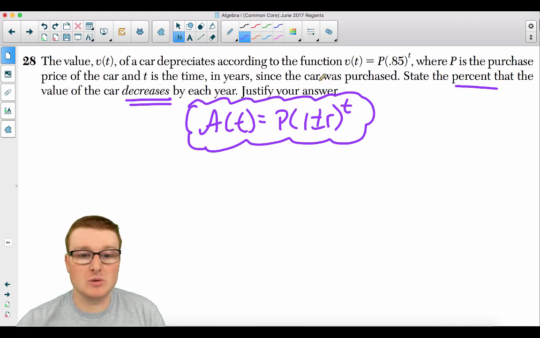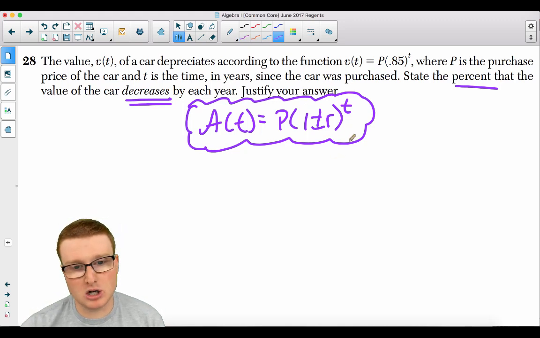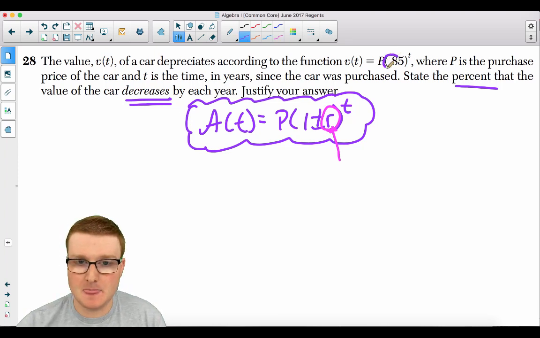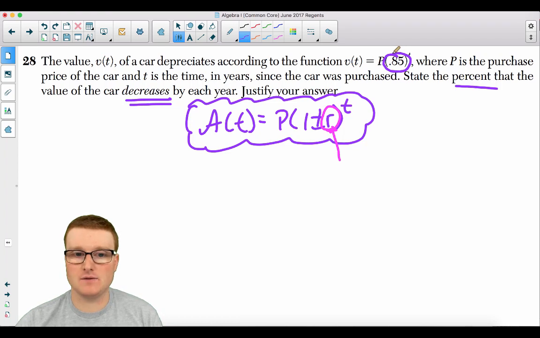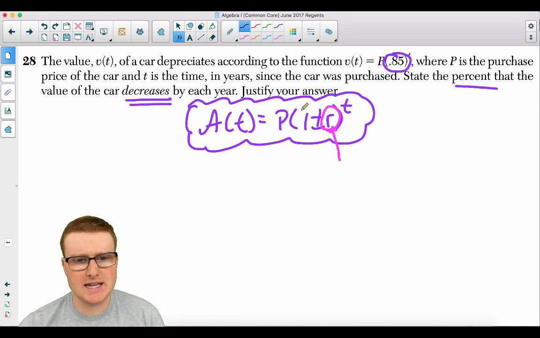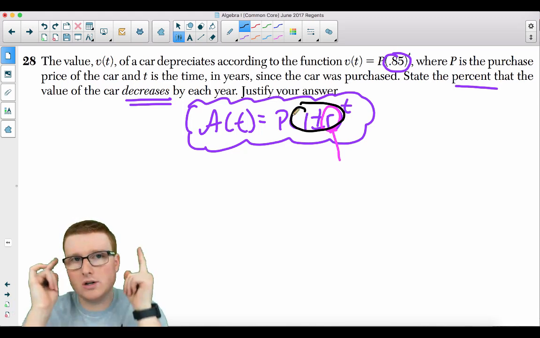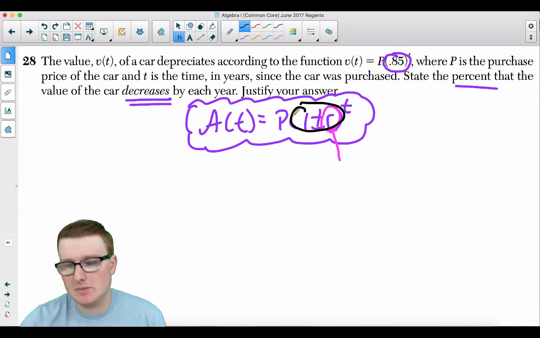So, we don't know what the principal is. We don't care what the principal is. We care about what that little bugger right there is. We care about the r. Okay, so look at what's in here up top, 0.85. Okay, look at what's in here, 1 plus or minus r. So what are you thinking right now? What you should be thinking is this.